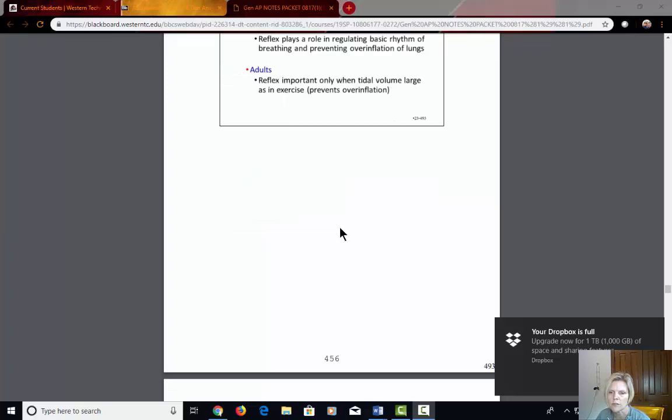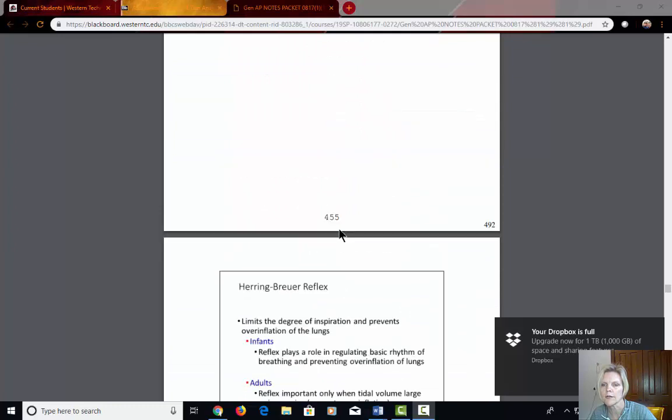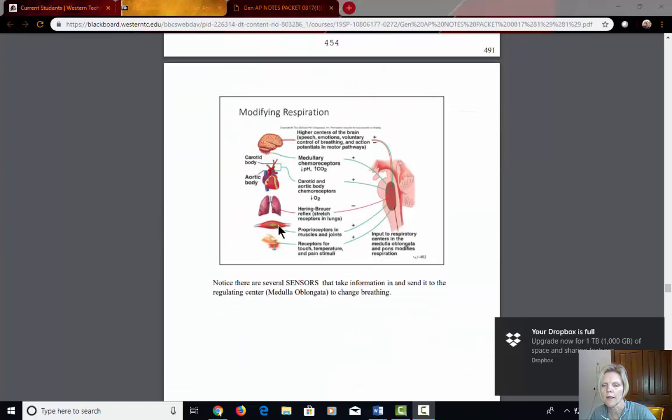So when we look at exercise, we do see a slight increase in ventilation in early exercise, but it really has nothing to do with oxygen needs or a buildup of carbon dioxide. It's actually just those proprioceptors in the limbs. So when we're moving our arms and legs, again, that stimulates those proprioceptors to increase the respiratory rate. Proprioceptors are just receptors for movement and body position.